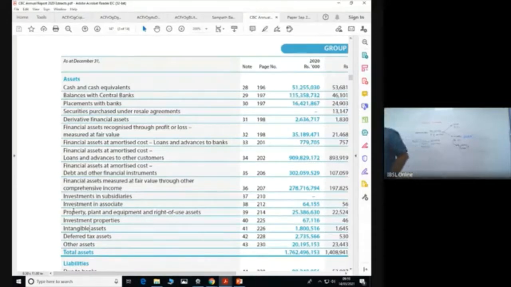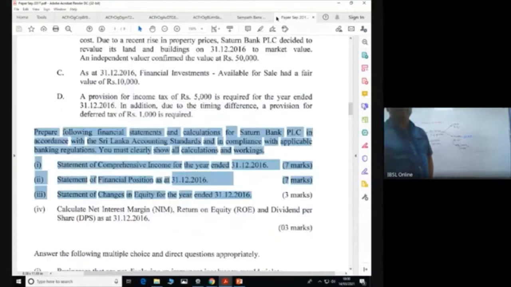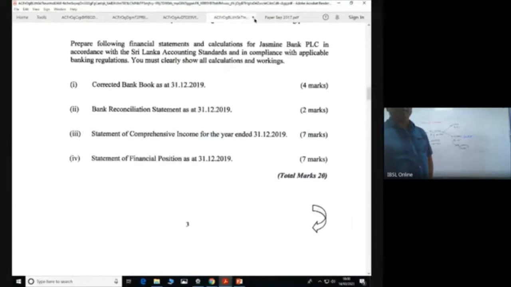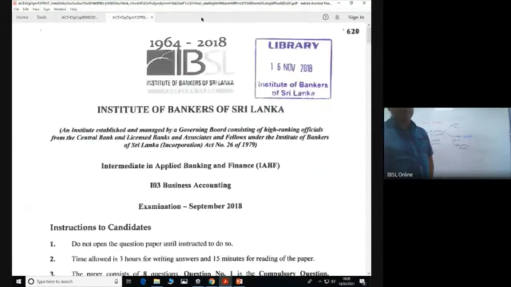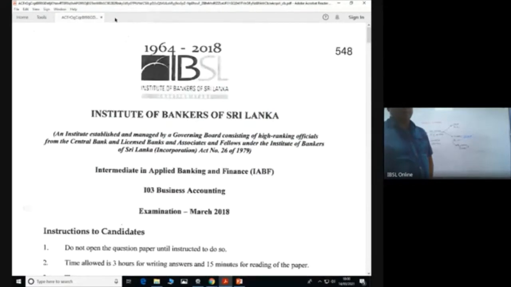The items on the face are presented in the order of liquidity. Next line.